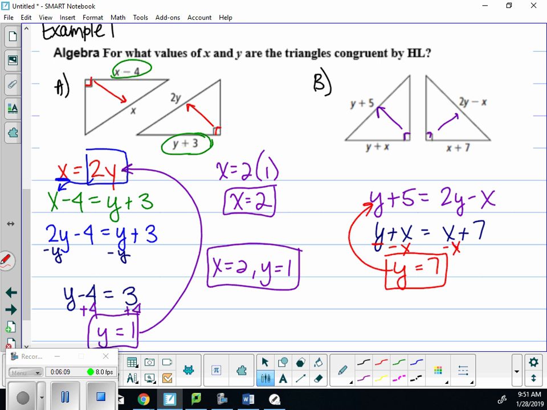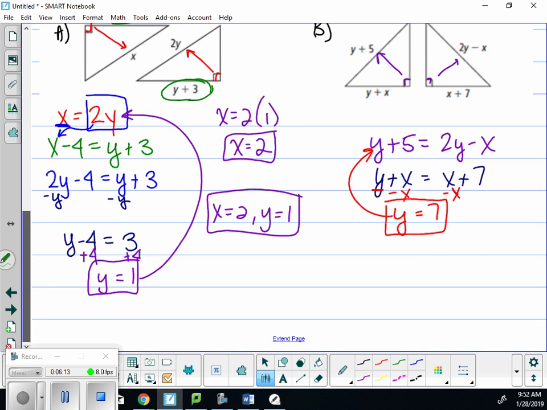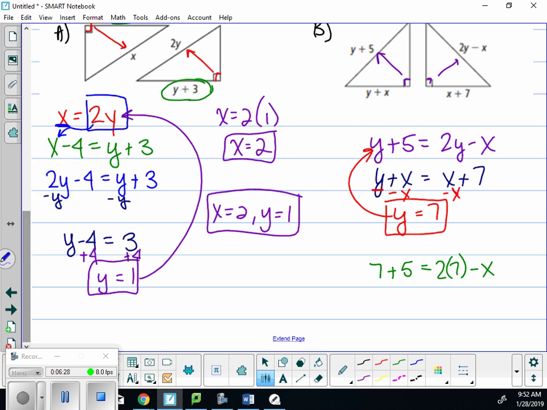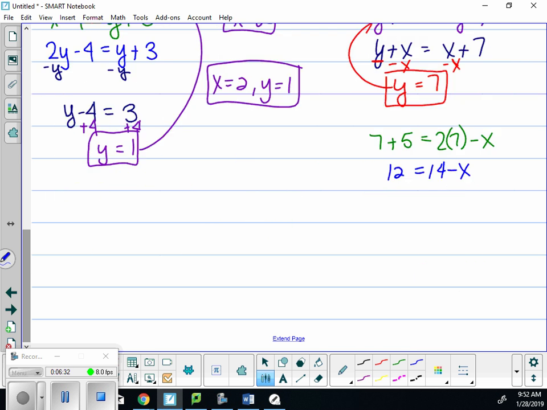So then we're going to substitute it back into the first equation. So 7 plus 5 equals 2 times 7 minus x. So 12 equals 14 minus x.